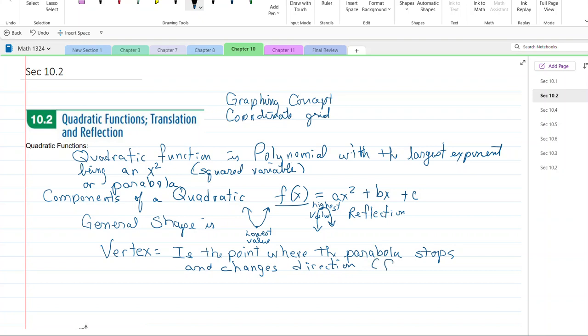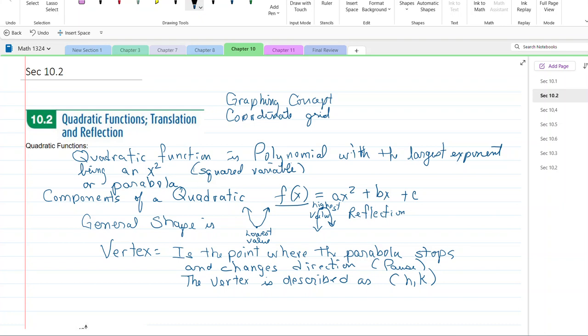It's really more of a pause. And it's described with an H, K. The value of H is the x value and K is the position on the function of the extent of that vertex.